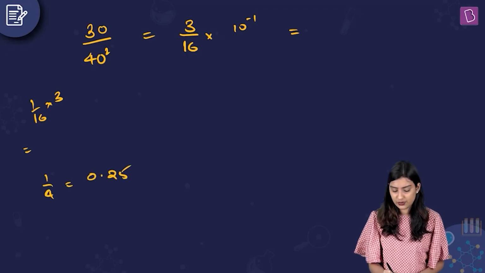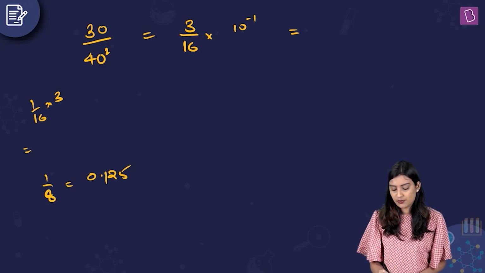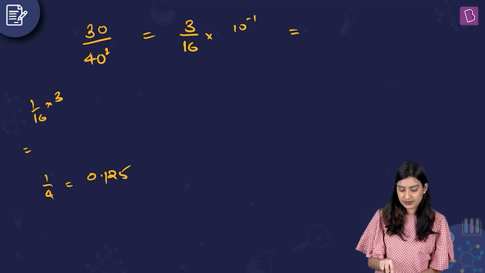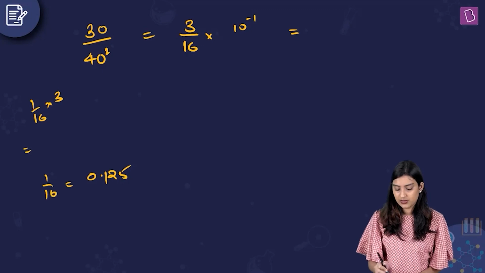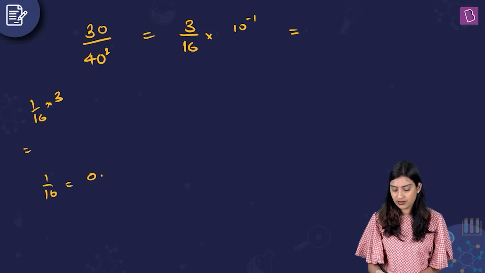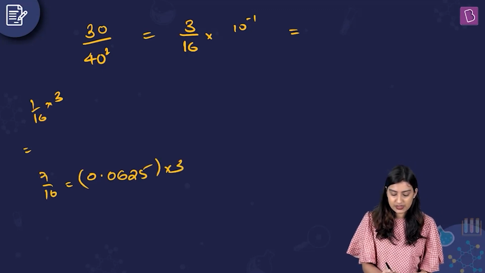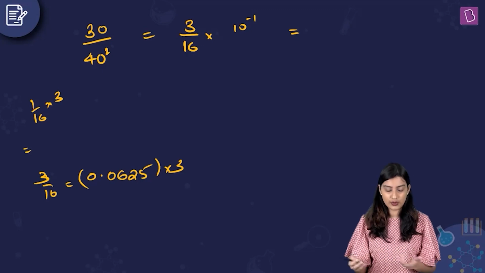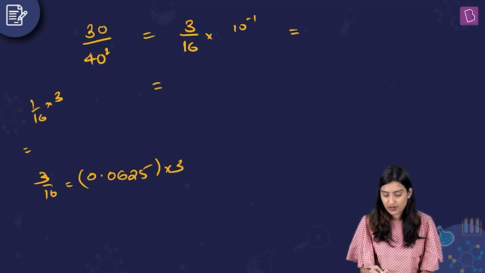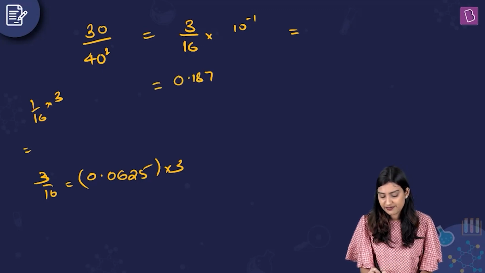Divide this by 2, you get 1 by 8, so this will be 0.125. Divide this by 2 again, you'll get 1 by 16, which will be 0.0625. So this entire thing multiplied by 3 is going to give you 3 by 16, that's nothing but 0.1875. So you will have 0.1875 into 10 to the power of minus 1.